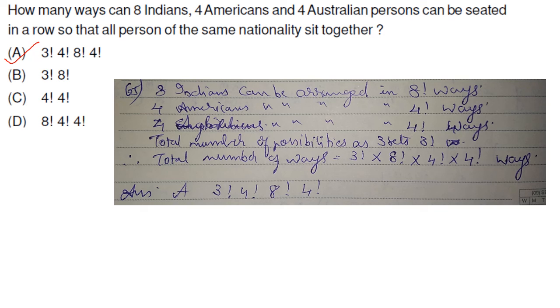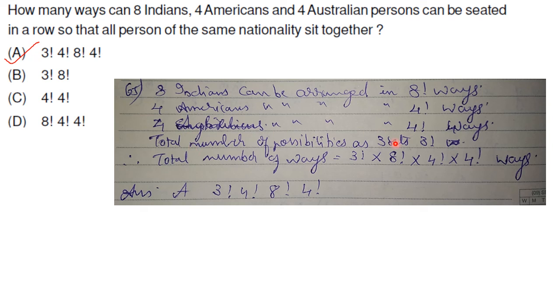Then how many ways can 8 Indians, 4 Americans and 4 Australian persons be seated in a row so that all persons of the same nationality sit together? So 8 Indians can be arranged in 8 factorial ways, 4 Americans can be arranged in 4 factorial ways, and 4 Australians can be arranged in 4 factorial ways.